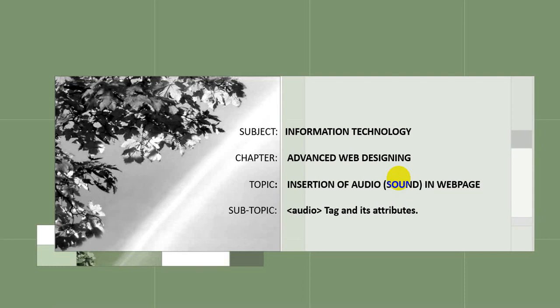If you are using an outdated or earlier version, that file will not execute or not run. So there is a certain problem, but we have some file formats which will support almost all browsers. So it is very important to add the type of file which is supported by all browsers. Otherwise, if you create a web page and add a file format which is not supported by that particular browser, your audio will not play.